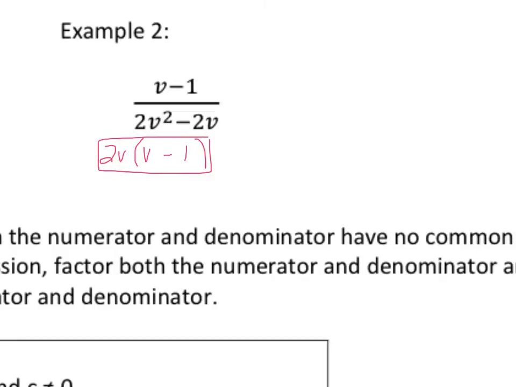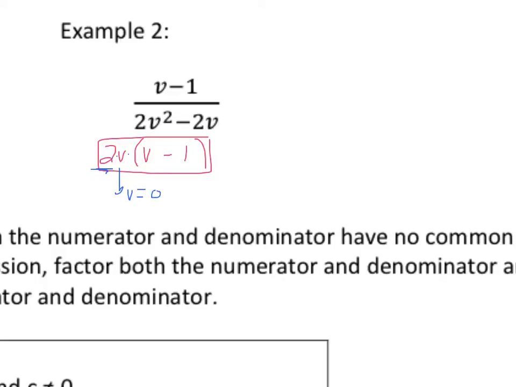I look at that and I say, what numbers could I plug in that might cause that whole thing to become 0? The number 2 we can ignore because it's 2 times v minus 1. How can I get the v to equal 0?